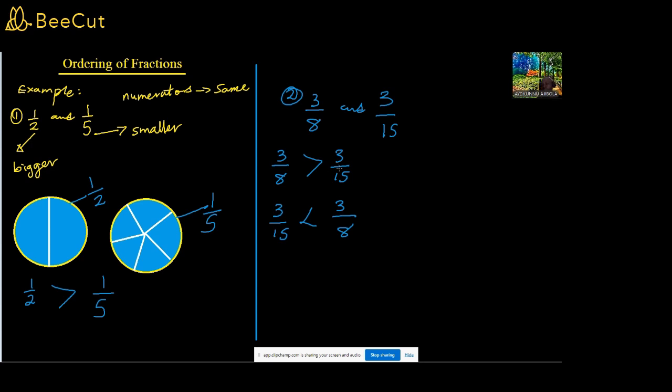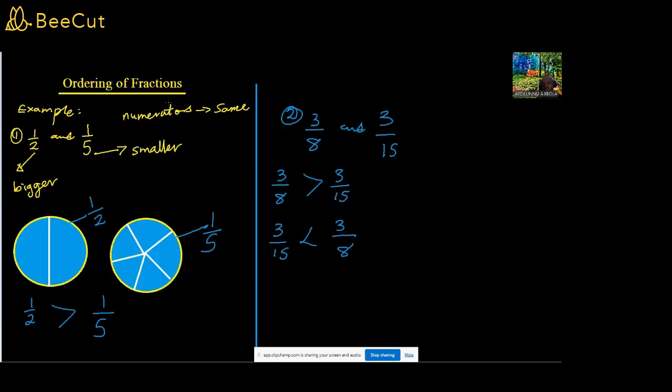Okay, good. Let's look at example 3. The third example, let's assume we have a fraction like 5 over 8 and 3 over 8. This time around, we have the same denominators.